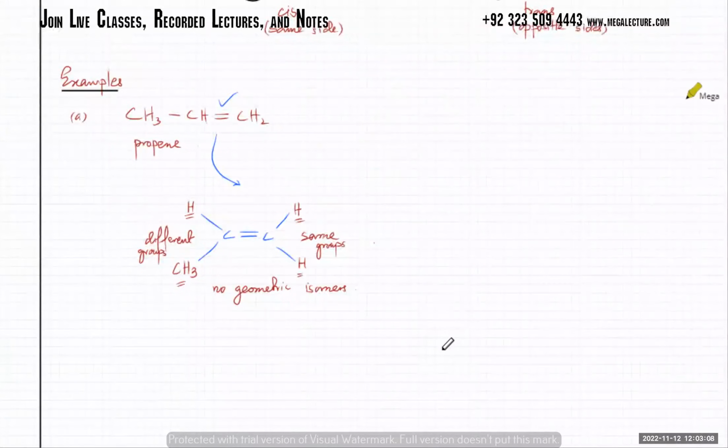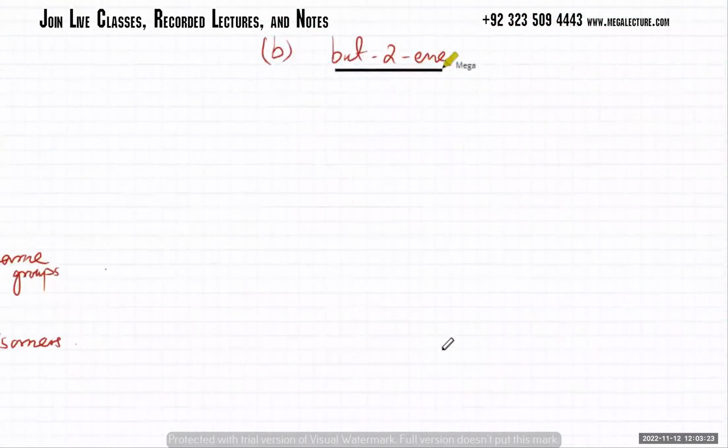So what if we had butene? That means I've got 4 carbon atoms. 2-ene means you've got a double bond, right?